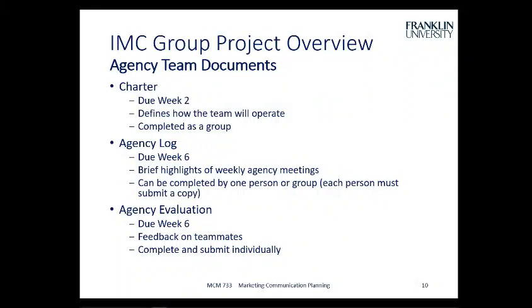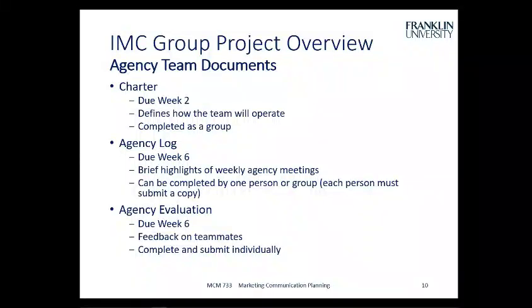And then the agency log is due in week 6. So what the agency log is, rather than covering it later, I'll talk about it now. Each week you keep notes on what you do as a group on the integrated marketing communication plan project. So what did we accomplish this week? It is not intended to be a transcript of everything you covered in the meeting, but just 2 or 3 bullet points.